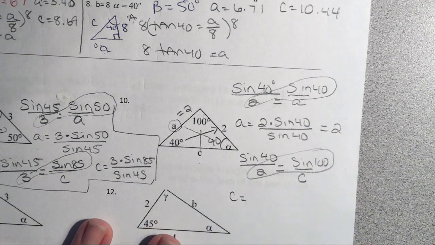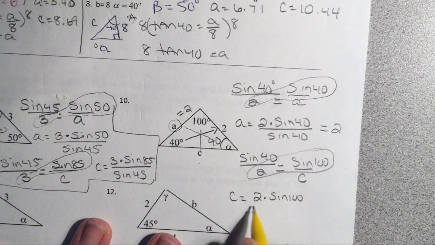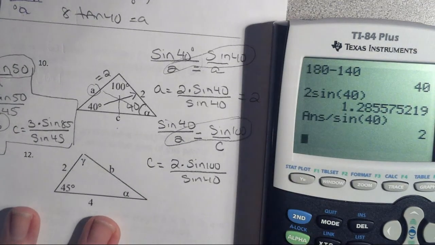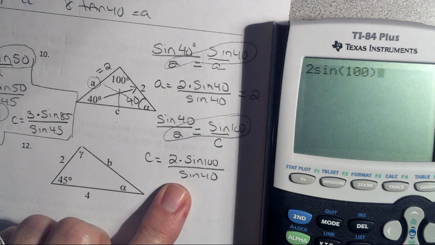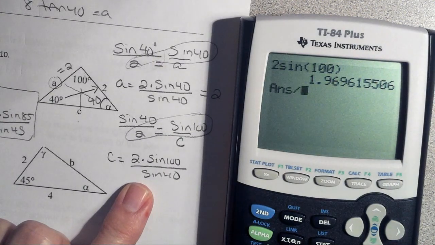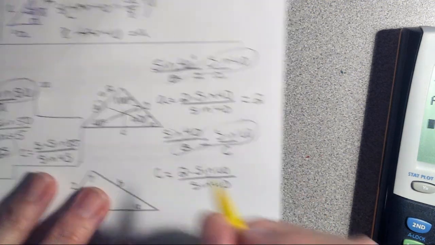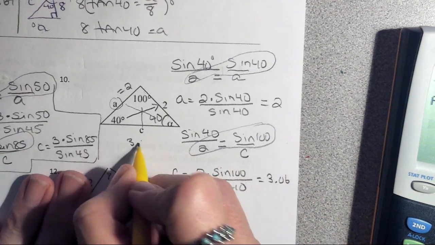So C is going to equal 2 times sine of 100 divided by sine of 40. All right, so 2 times sine of 100 divided by sine of 40, and we get 3.06. So C equals 3.06.